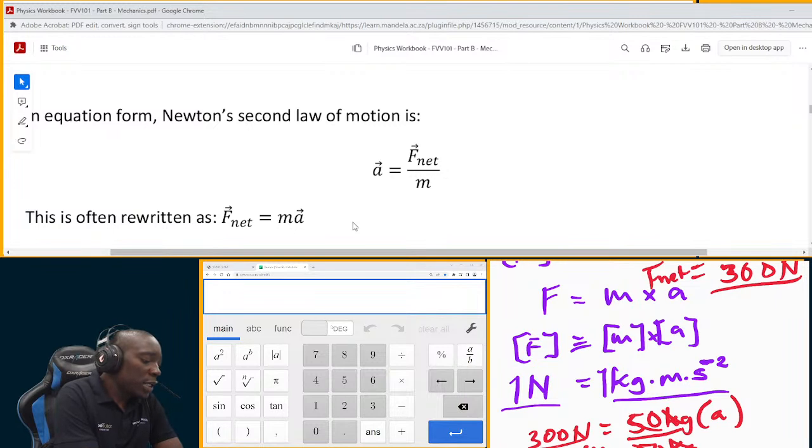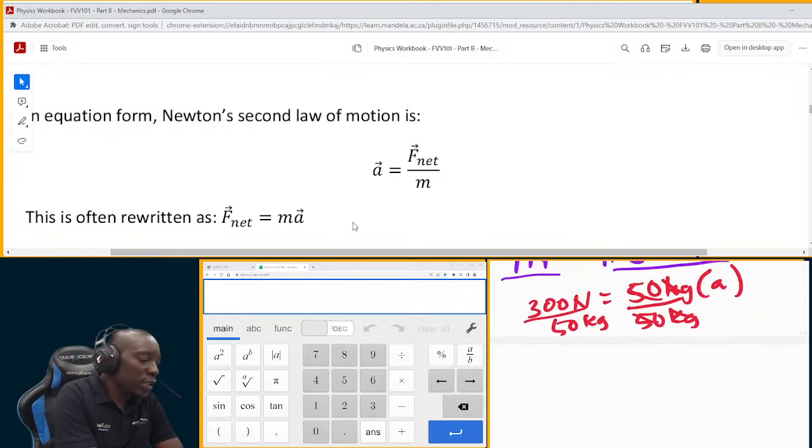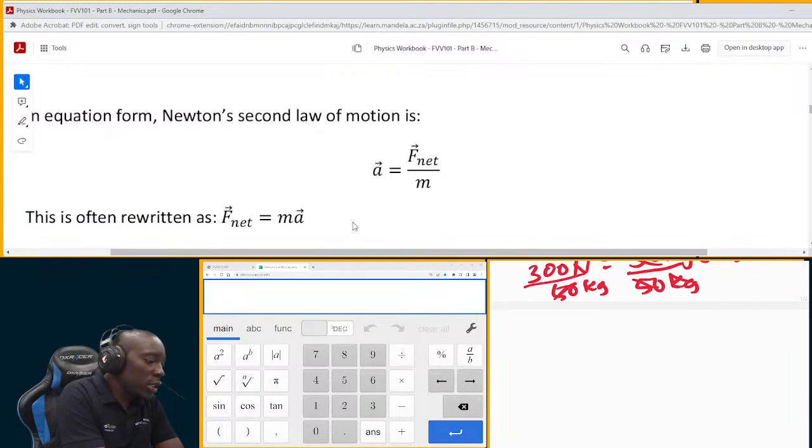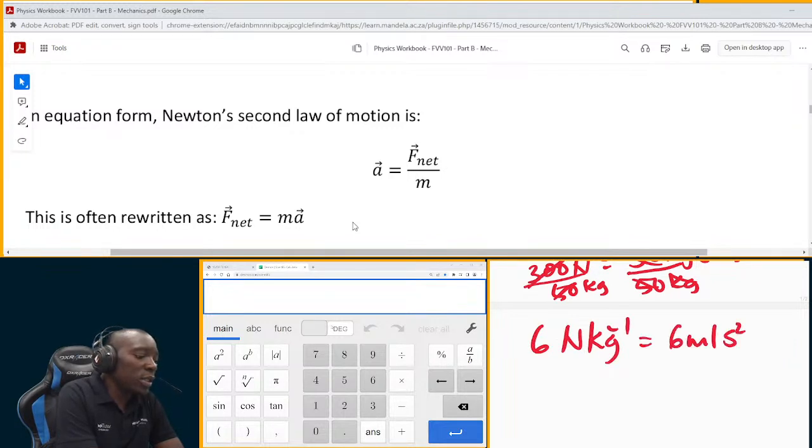So acceleration can also be given in terms of newtons per kg. This is 6 newtons per kg, which is equivalent to 6 meters per second squared. That's our acceleration. This is just the magnitude. If we are giving it as a vector, it's in the positive x direction.